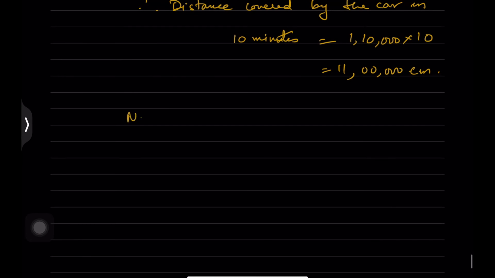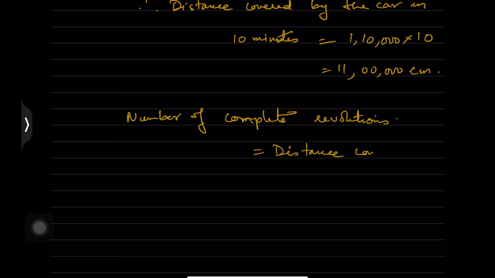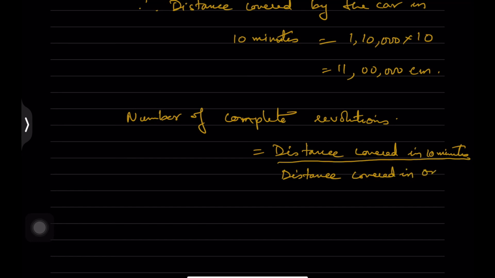So now the number of complete revolutions is equal to the distance covered in 10 minutes divided by the distance covered in 1 revolution.